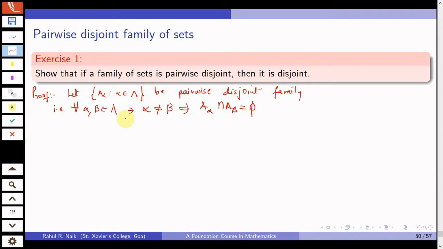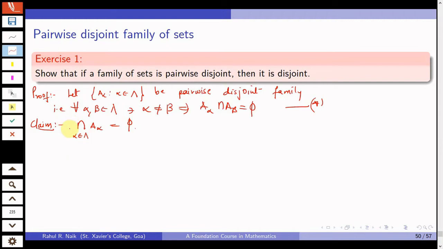Now this is what we assume is true by the definition. So our claim is that this family is disjoint. So we want to show that actually the intersection of A alpha, where alpha is varying over the index set, is empty.